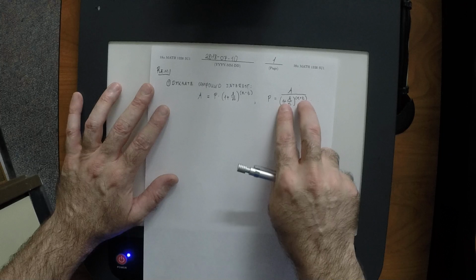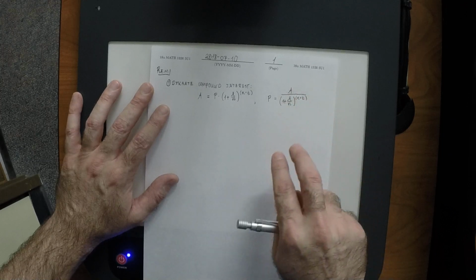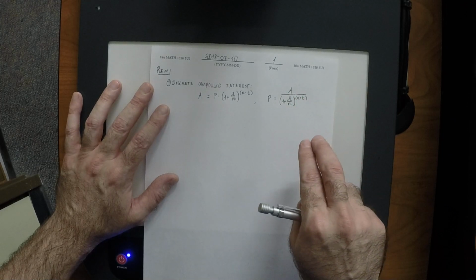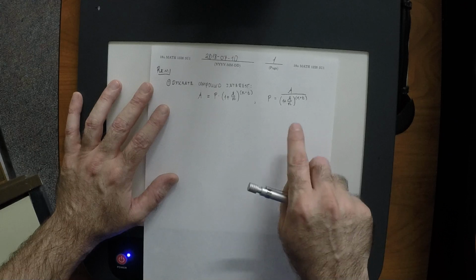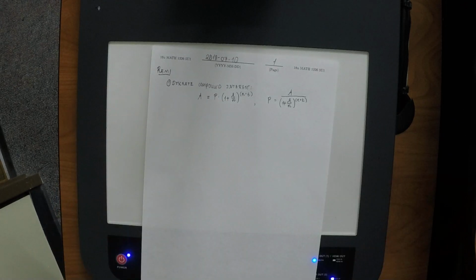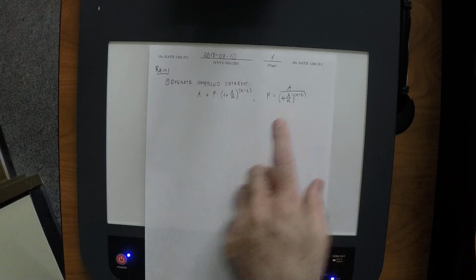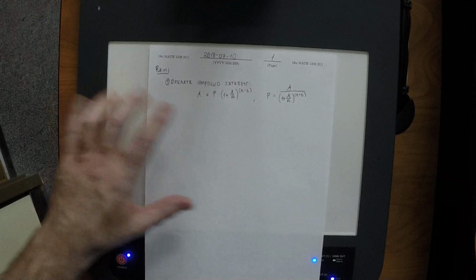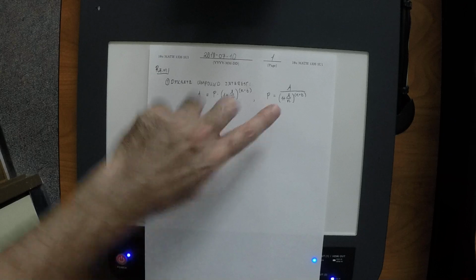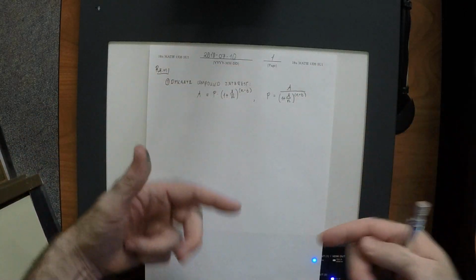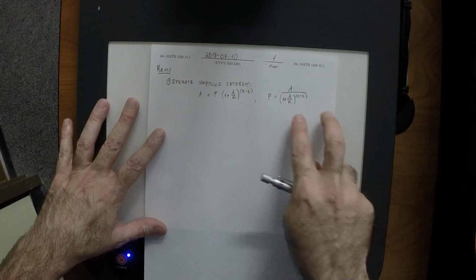Is there some way we could move this denominator up to the numerator? Well, what's the cost of moving a denominator to a numerator? Well, we could reciprocate both sides. That would work, but I don't want to do that.